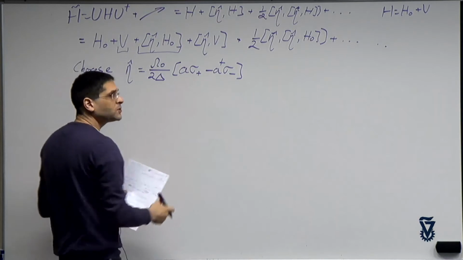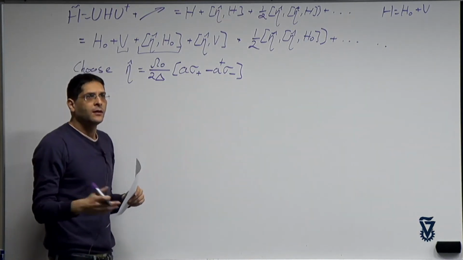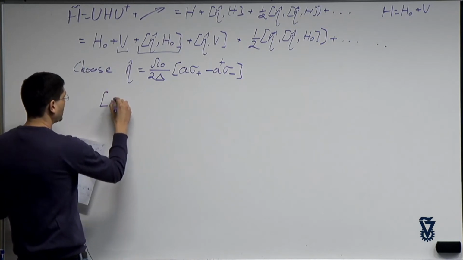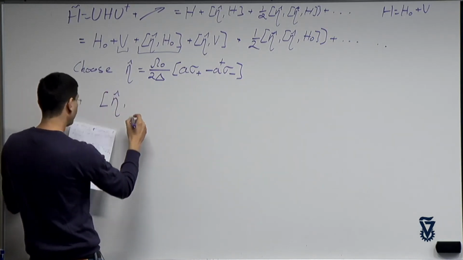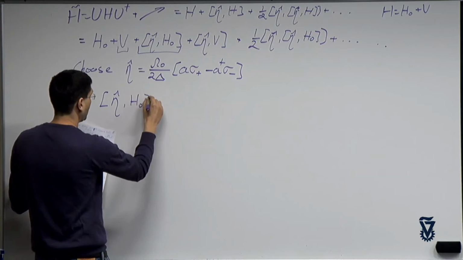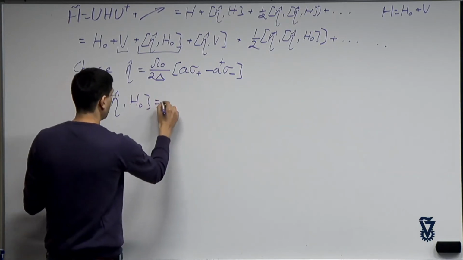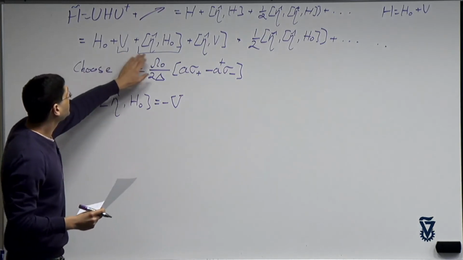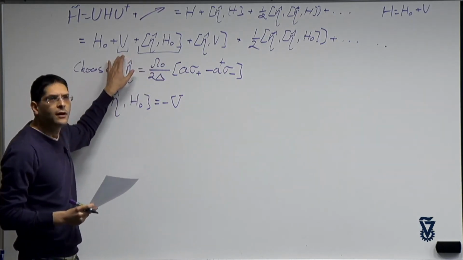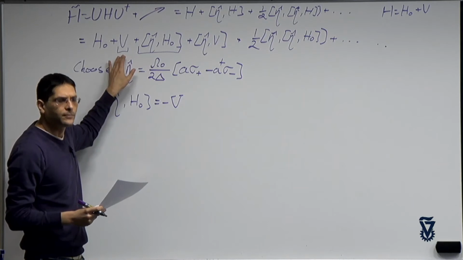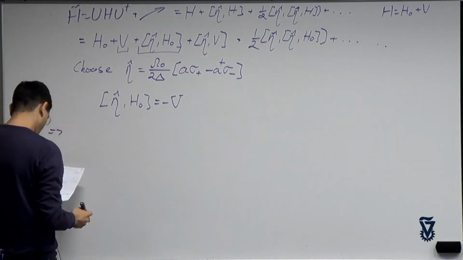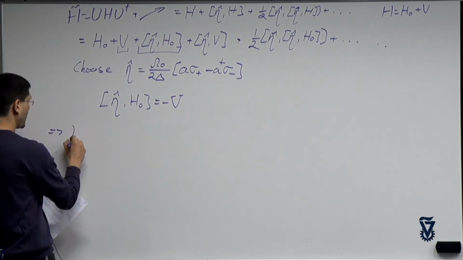And we chose it this way because if you calculate the commutator of eta and H naught, you will see that it comes out to be minus V. So these two terms are now going to cancel out.